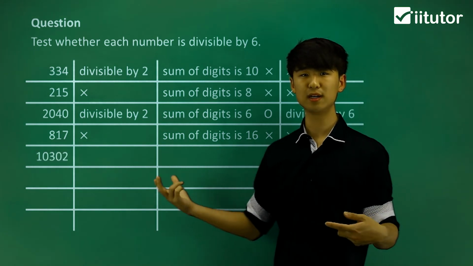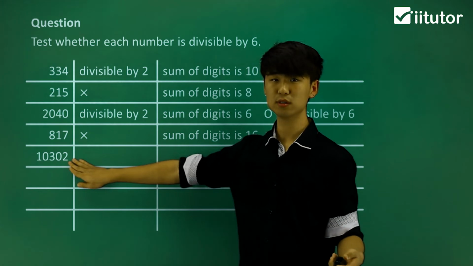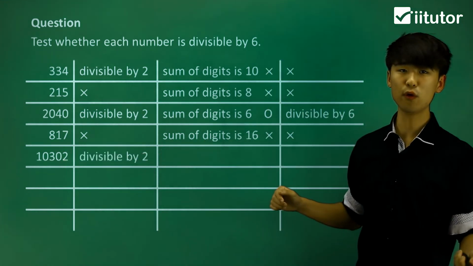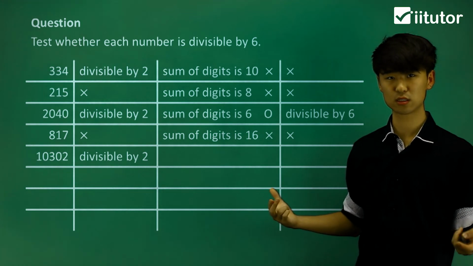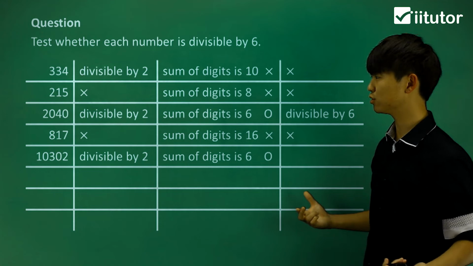Now this long number, 10,302. It ends in a 2, so this is an even number, so it's divisible by 2 first of all. Now looking at the sum of the digits, 1 plus 3 plus 2, sum of digits is equal to 6.